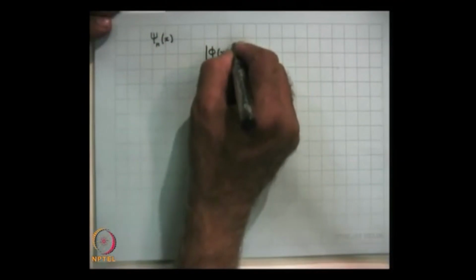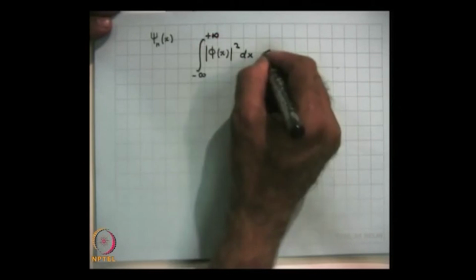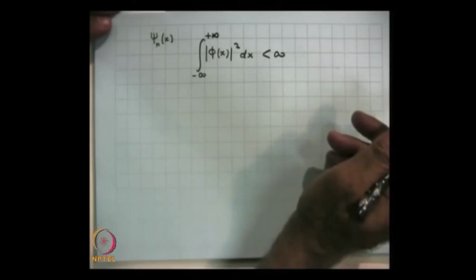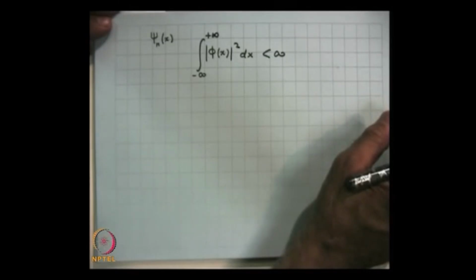So, that is the meaning of the word well behaved: it should be a single valued function, at a particular value of x phi of x must have a unique value, it must not go to infinity at any point, and it is a square integrable function, that is, the integral of mod phi of x squared dx from minus infinity to plus infinity must be less than infinity. This inequality means that this integral is finite. So, such a function is known as a well behaved function.